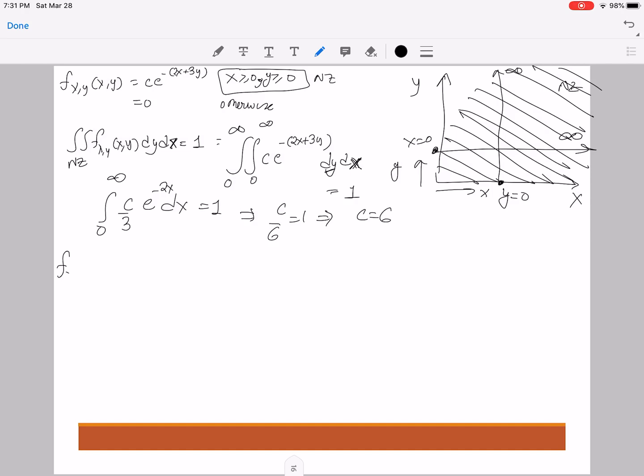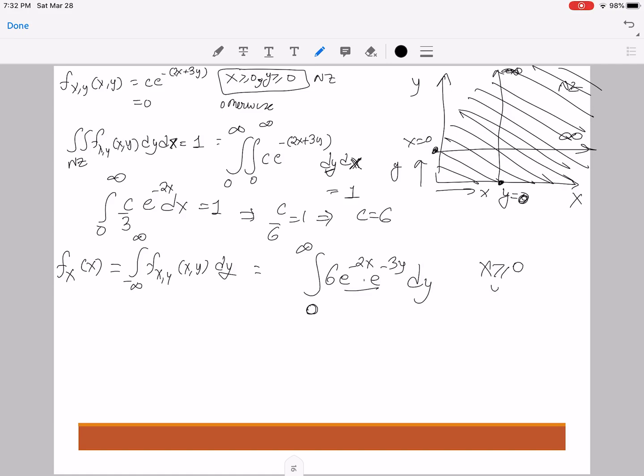Next, let's focus on finding the marginal PDFs of x and y. The marginal PDF of x is obtained by integrating the joint PDF from negative infinity to infinity with respect to y. In this case, y in this region varies from 0 to infinity. So my limits of integration will be from 0 to infinity, 6 times e to the negative 2x times e to the negative 3y. I can write e to the negative (2x plus 3y) as a product of two exponentials.